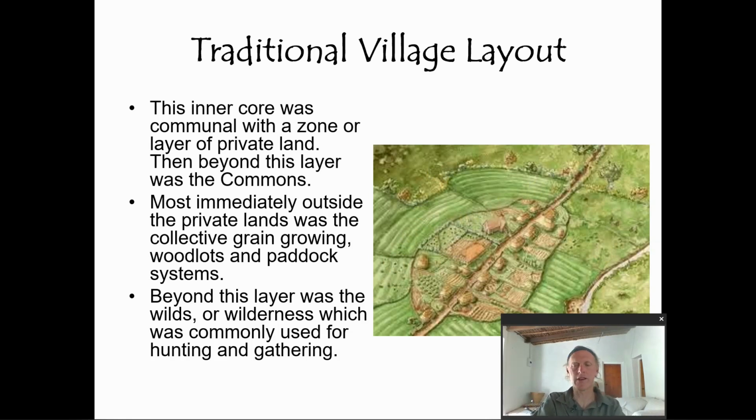And you see this particularly in Asia and in Latin Europe too, very densely settled areas, lots of small villages close to one another, separated from each other by each village's commons. And everybody would have commons rights.